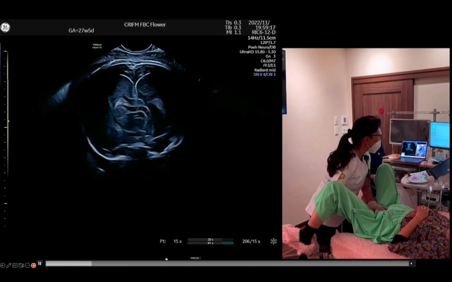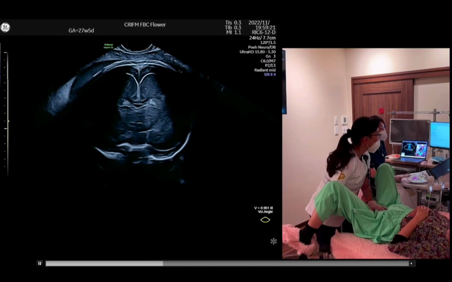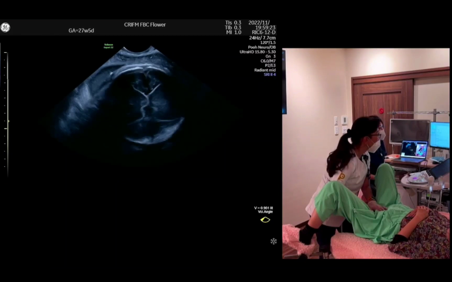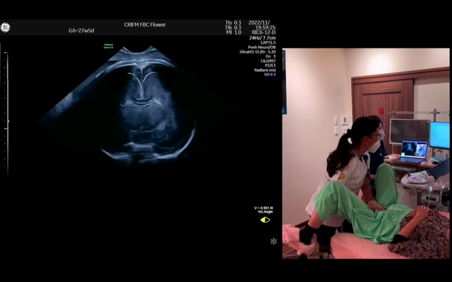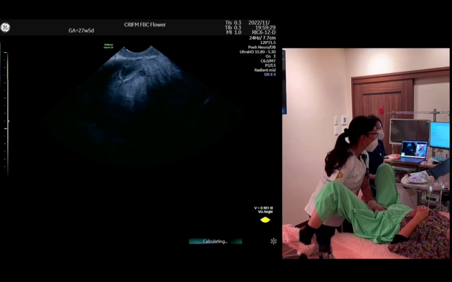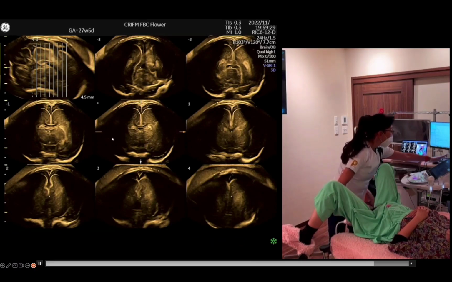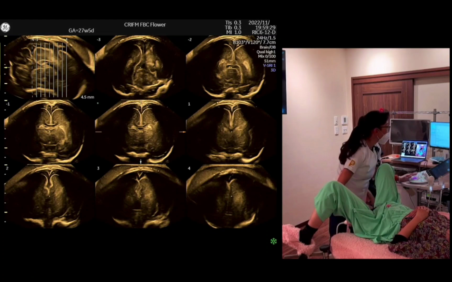If you scan from here using the sagittal suture as an ultrasound window and take 3D acquisition, you can get just the image like this. As shown here, the brain structure is not visualized well because of the acoustic shadow due to the cranial bone.